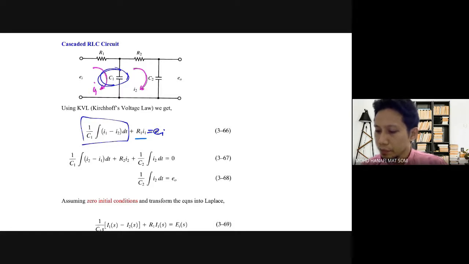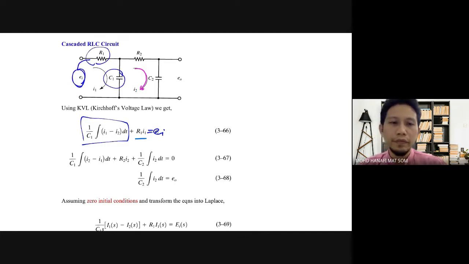Like I said before, the potential here is Ei. When the electron travels through R1 and C1, it will have a voltage drop across these two components, so the summation of the voltage drops across R1 and C1 should equal Ei. Now we have equation 3.66.